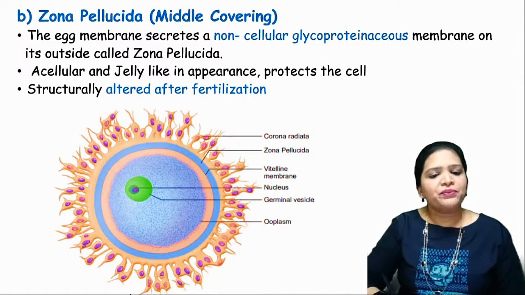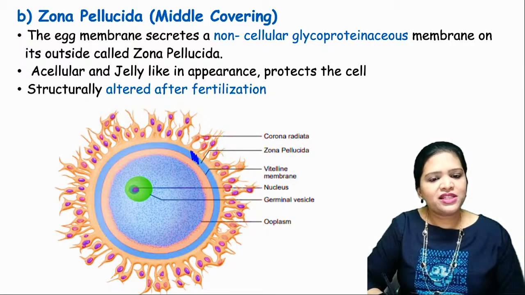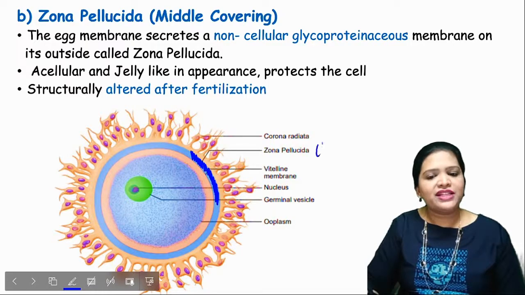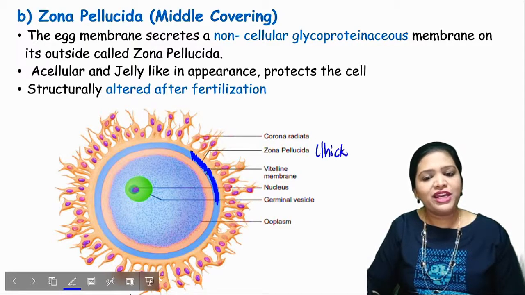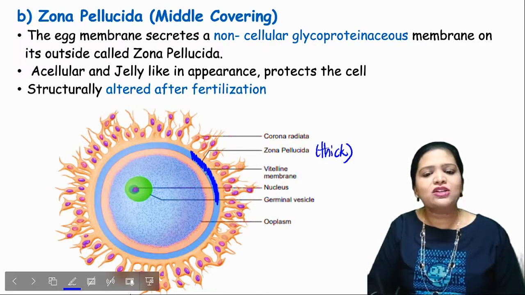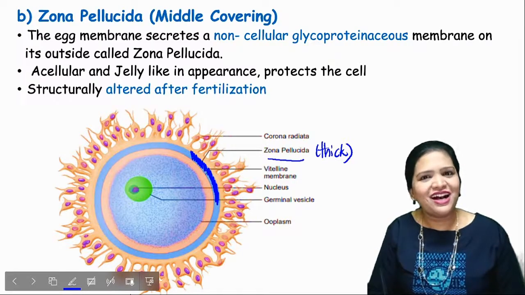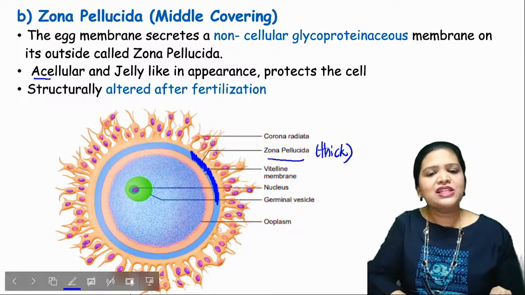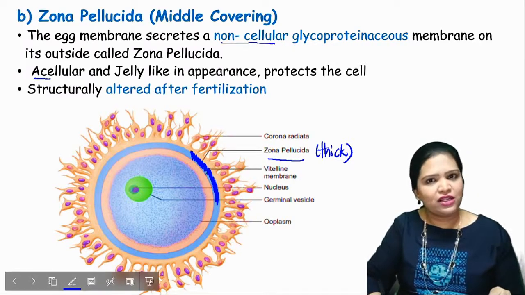The second one is the middle covering, the zona pellucida. In this picture you see this blue color thick one, this is a covering. This is a very thick and very important covering for an egg cell. This is called zona pellucida. This zona pellucida is acellular. Acellular means it does not have cells.